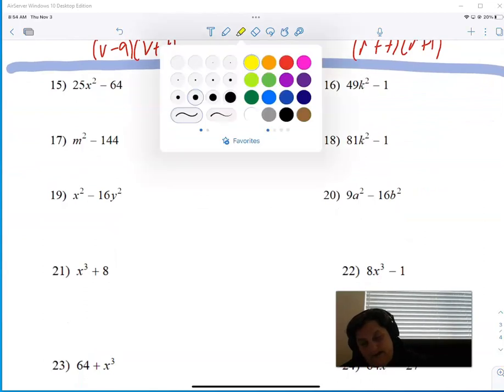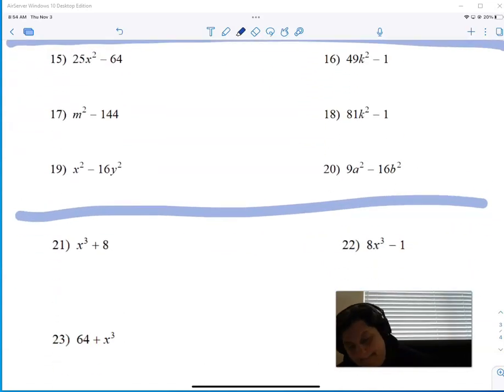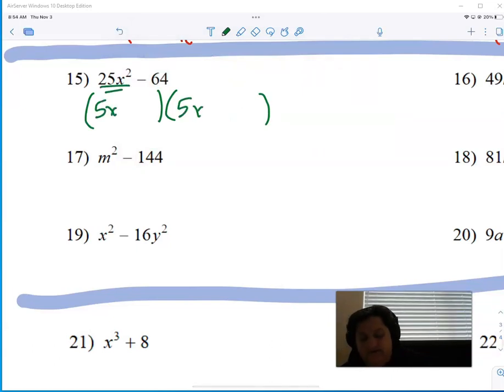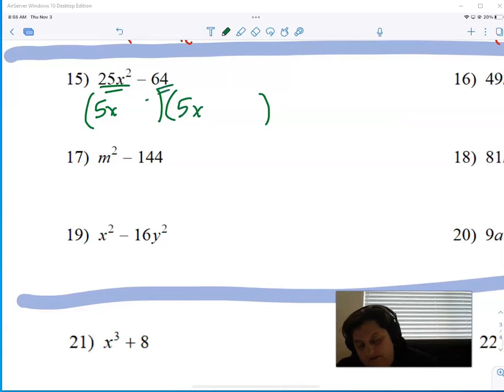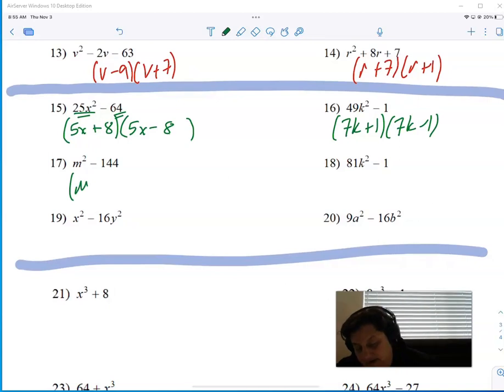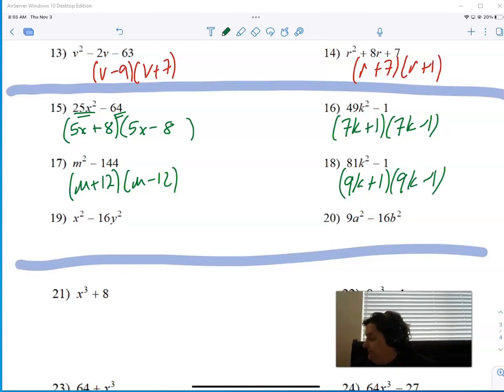My next set of questions, squares. 5x, 8, plus 1 minus 1. Okay?